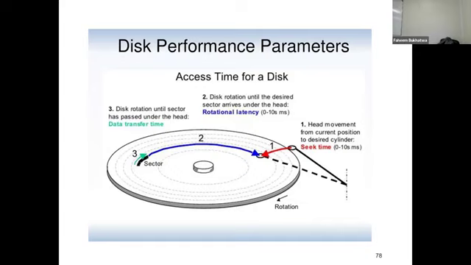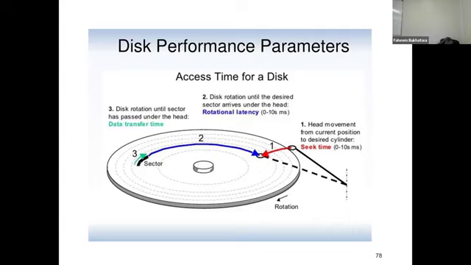What do we mean by access time? What's access time for a hard disk? Anybody? It's the total time it takes to read or write from a hard disk, and it consists of 3 times. So if you are asked in an exam, what's access time, it takes those 3 times. 1, the seek time. 2, the rotation time. 3, the transfer time.